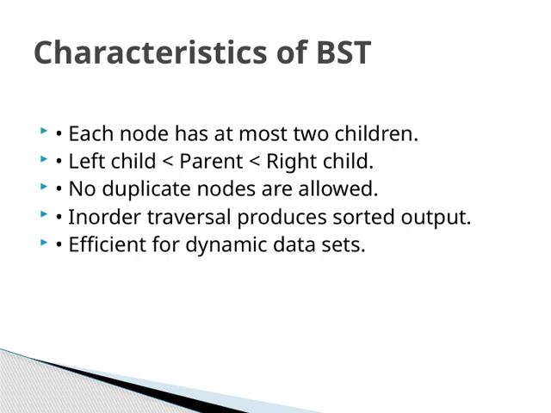When we perform an in-order traversal, it produces a sorted output, which is incredibly useful for many applications like sorting or searching. Lastly, BSTs are particularly efficient for dynamic data sets, meaning they handle insertions and deletions well, making them adaptable as your data changes. These characteristics make BSTs a powerful tool in our data structures toolkit.